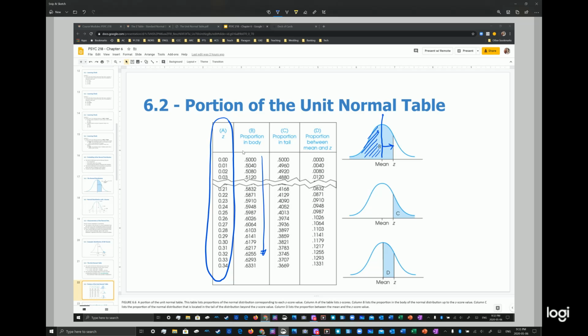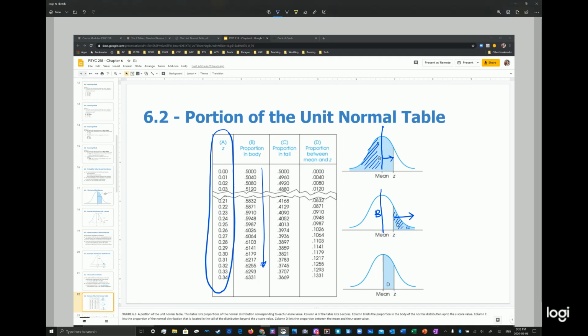In the tail column, which is C, the proportion gets smaller as Z gets larger because the line moves to the right. B is covered here, but in this column we're interested in C, the shaded area. So the largest proportion is 50% because the Z score would be at 0, and then it'll just move to the right at that point. So notice here, C is 50% at Z of 0, but the proportion is smaller as Z gets larger.